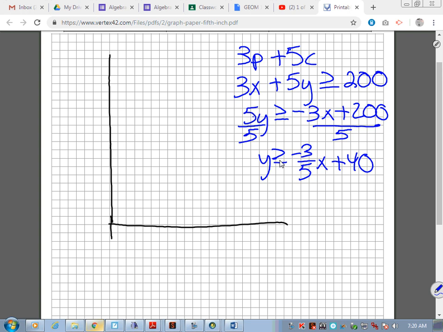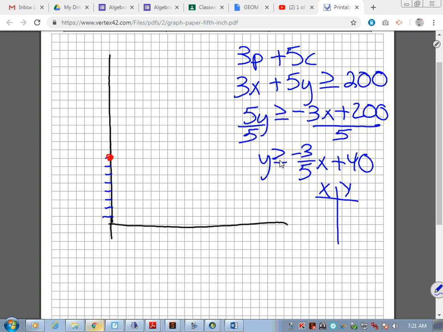Let's pick some things here. Let's go by 5. So let's say 5, 10, 15, 20, 25, 30, 35, 40. So we'd make a dot. Let's make it red. That's my y-intercept. I'm going down 3/5. If I want to make this a little bit simpler for myself, I can use x and y intercepts.